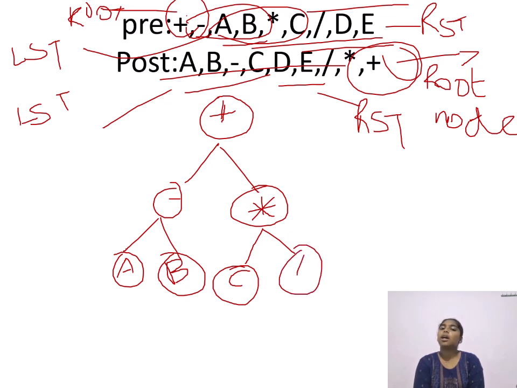And again slash has two more children and they are called D and E.